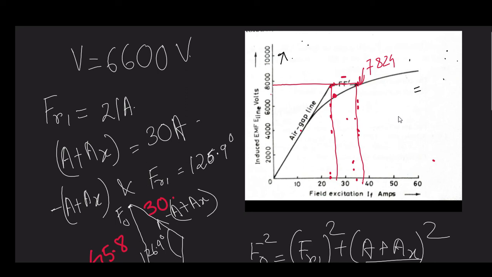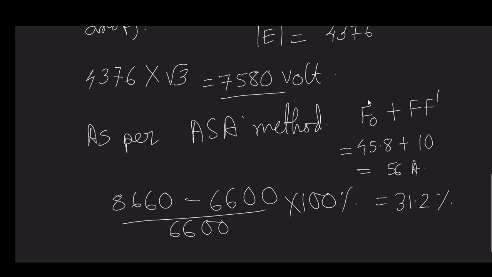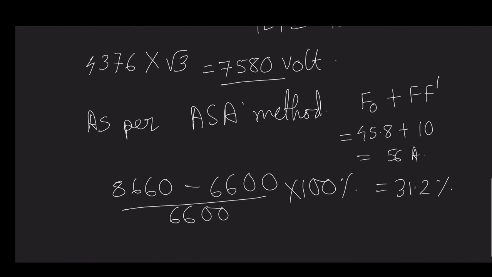You can check whether it is 7 ampere or not. As per the book, for 7824 volt, the gap between A and B is 7 ampere. Right. So let us consider that 7 ampere.